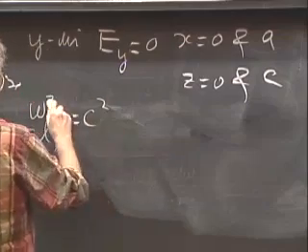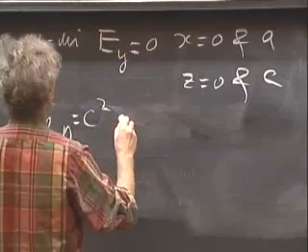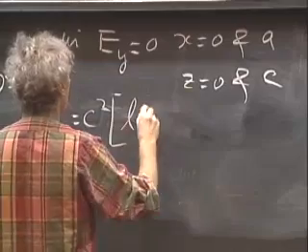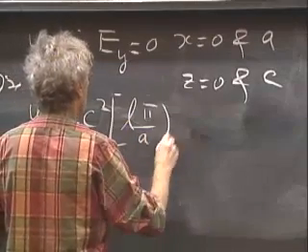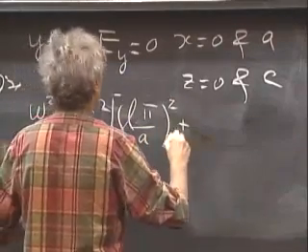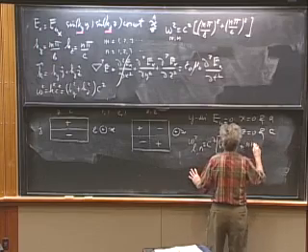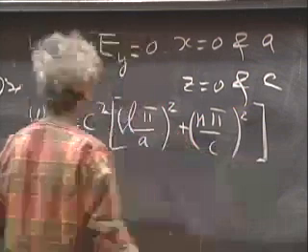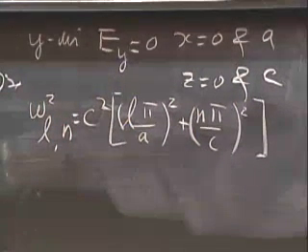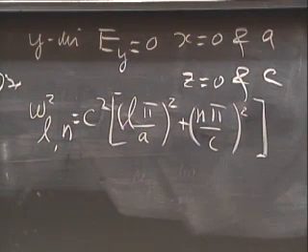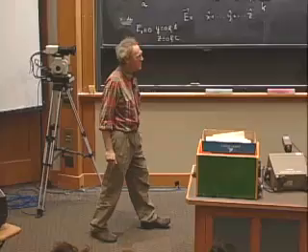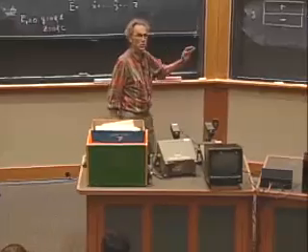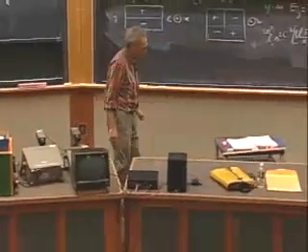I will do it in terms of squares, and then I will get (L pi over a) squared plus (N pi over c) squared, and that's it. So now I have another infinite family of values from L as in lion, N as in Nancy, which give me the resonance condition in the y direction.